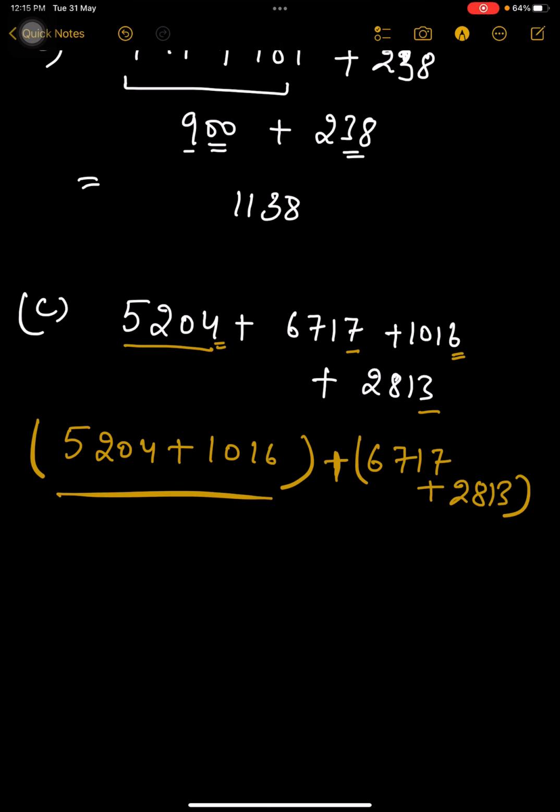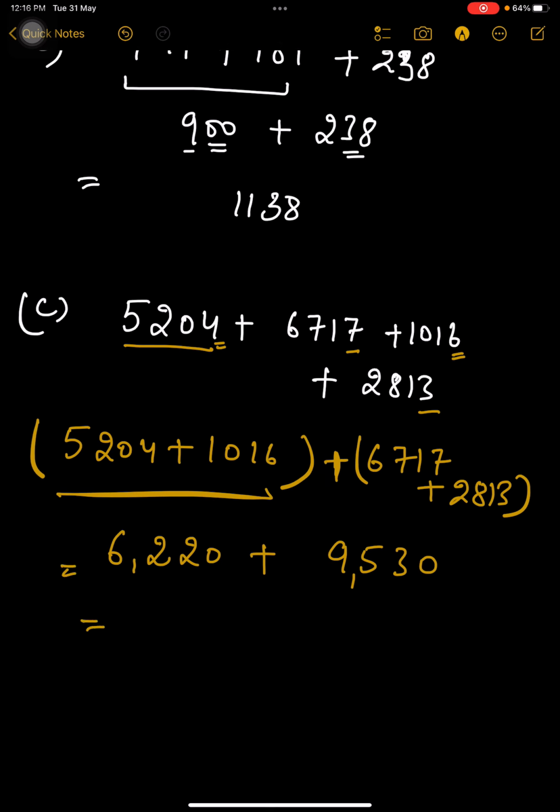Right? Now add the first group. If you add the first group, 5204 plus 1016, it will be 6220. Plus, if you add the next two numbers, 6717 plus 2813, it will be 9530, right?